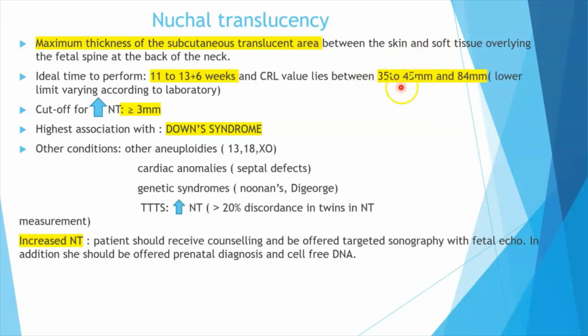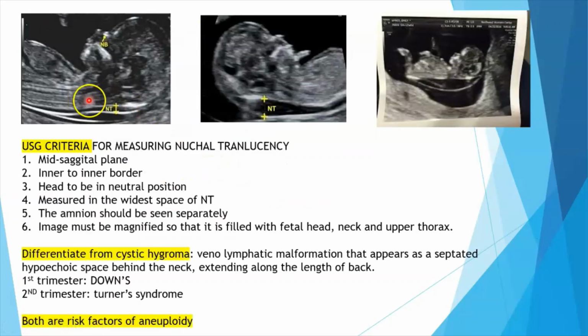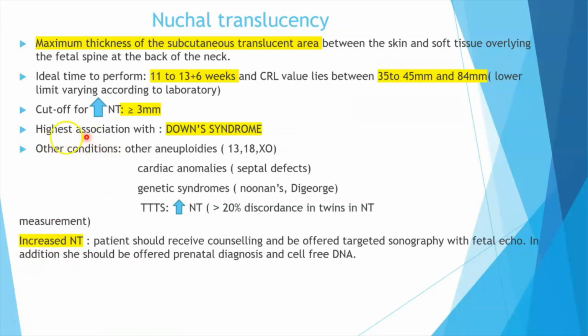The lower limit, either 35 or 45, varies according to the laboratory. The cutoff for increased NT is greater than or equal to 3 mm. As you can differentiate in these two pictures, this is normal NT and this is increased NT. Nuchal translucency has the highest association with Down syndrome.